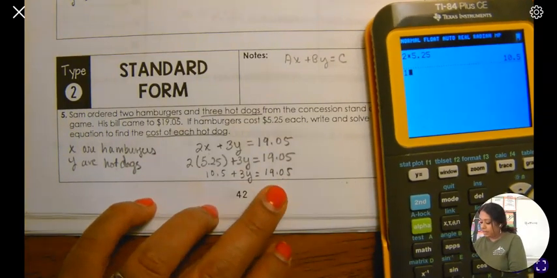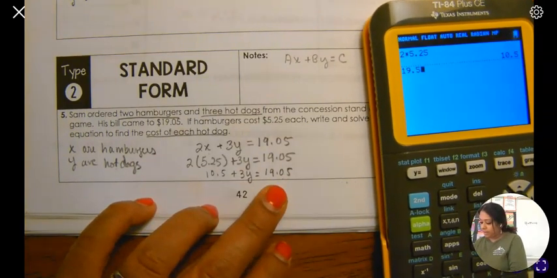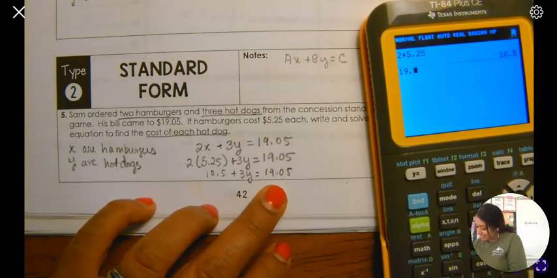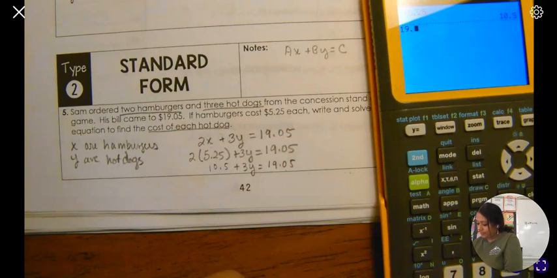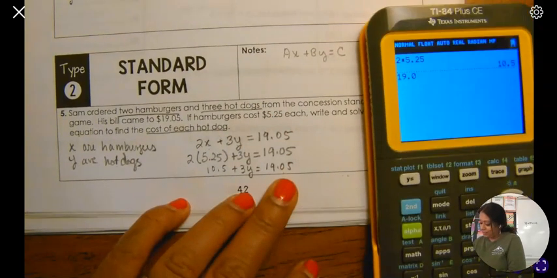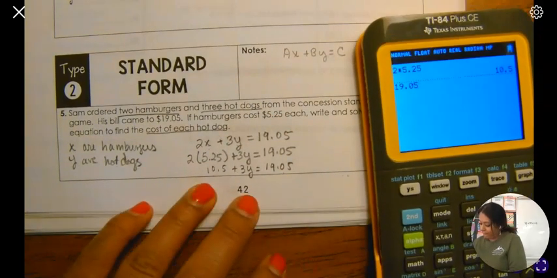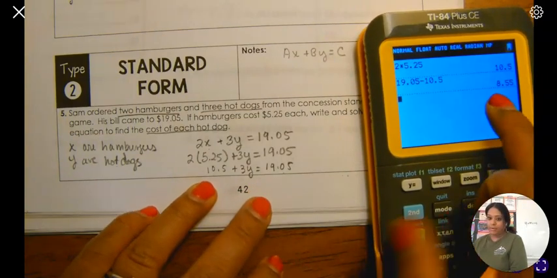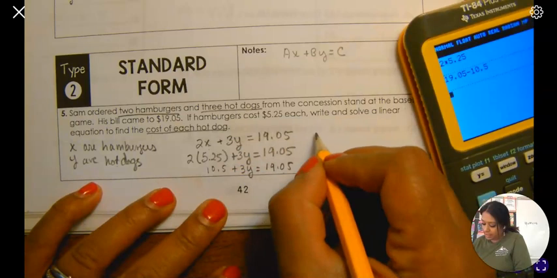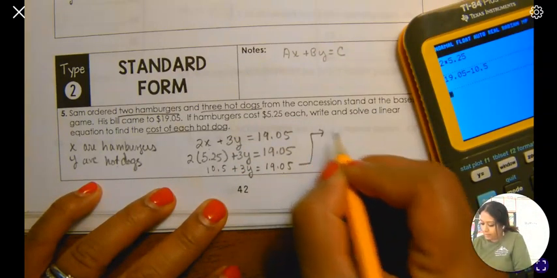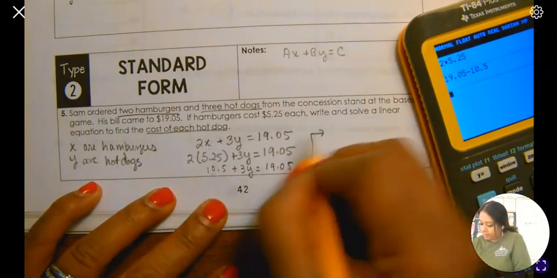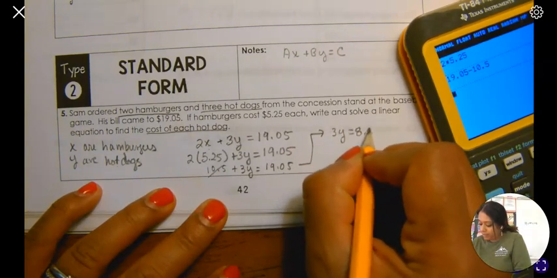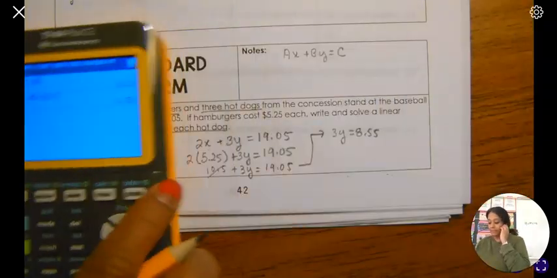So I'm going to subtract, I'm going to do 19.05 minus 10.5. So that's 8.55. So I brought that over, so that's gone. So that's 3y equals 8.55.